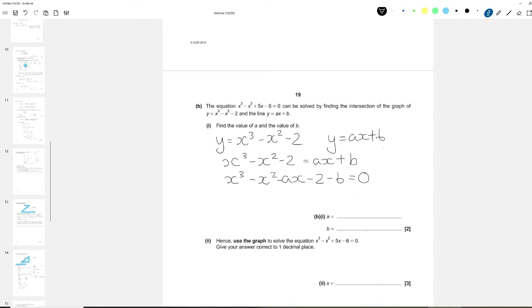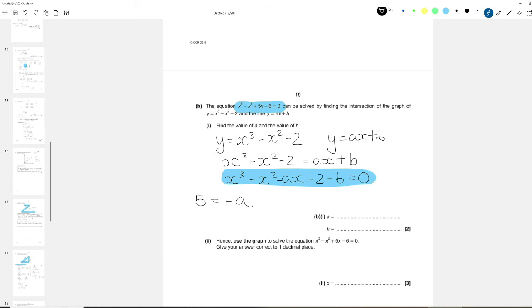Now I'm going to compare the coefficients with the given equation and see what I can grab. So x cubed and x cubed are the same, fine. Minus x squared and minus x squared is the same. Now plus 5x and minus ax I need to make equal, because I'm trying to find a. So I know that the coefficient is plus 5, and that should equal minus a.